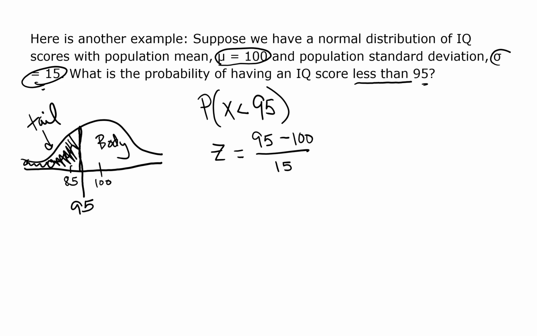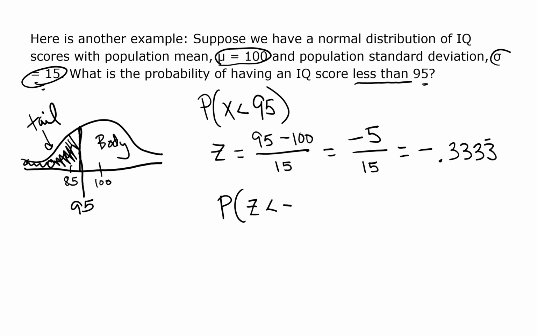Remember, it's X minus mu divided by sigma. So this is equal to negative 5 over 15. And it is negative because we are on the left side of the distribution. So our Z here is negative 0.3333 repeating. So we're looking for the probability that Z is less than negative 0.33. We round to the hundredths.